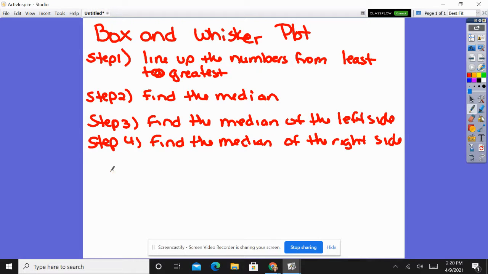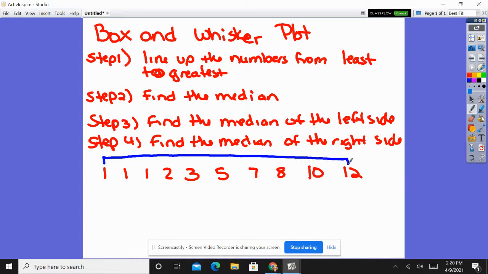So, if I have numbers like this, 1, 1, 1, 2, 3, 5, 7, 8, 10, 12, I'm going to find the median first because they are already listed in least to greatest.